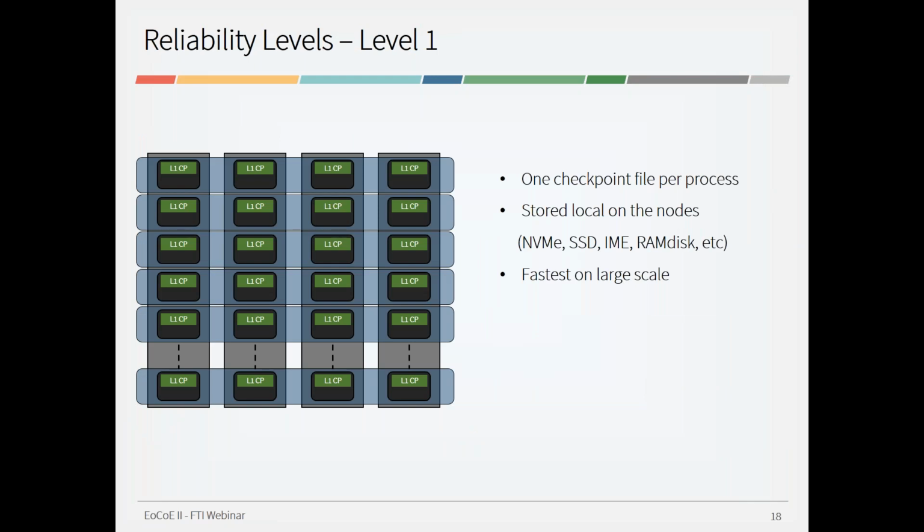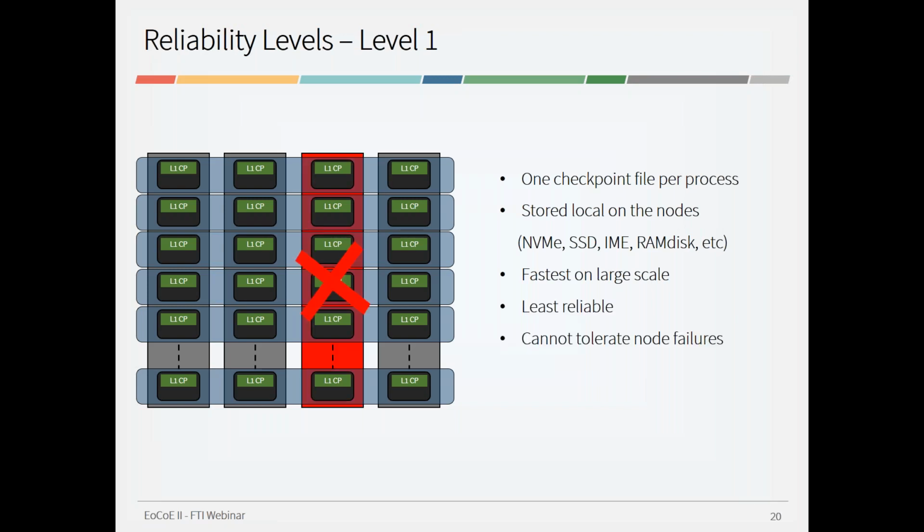And now I will go into detail on what the levels are doing. So very simple. Level 1 is placing one checkpoint file on the node, and this can be really fast, especially when you use RAM disks.